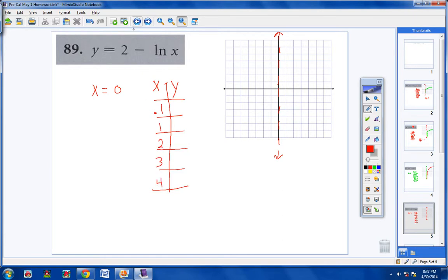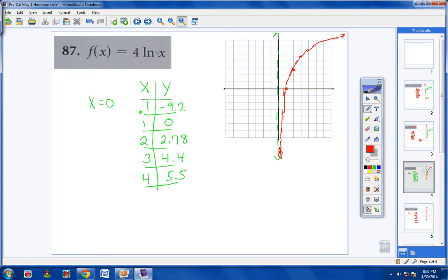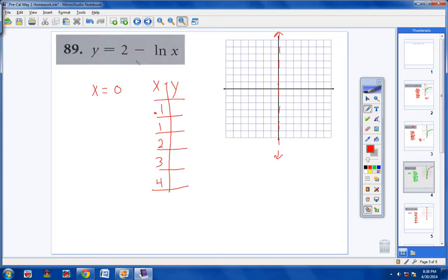Now in the last problem, notice we were multiplying the natural log times 4. So we could take the natural log first, hit enter, and then times 4 and enter. With this problem, I want to strongly encourage you to type into your calculator 2 minus the log of 0.1, enter. Type the whole thing in. It'll be a lot easier.